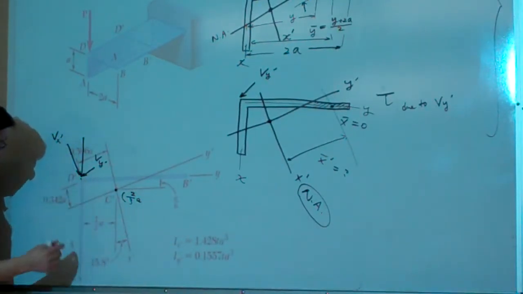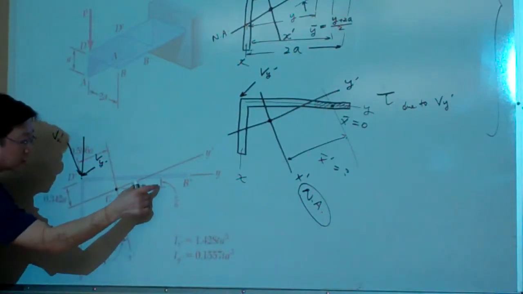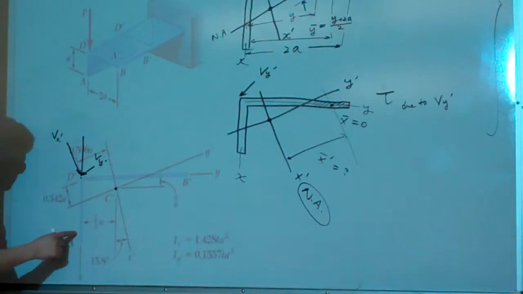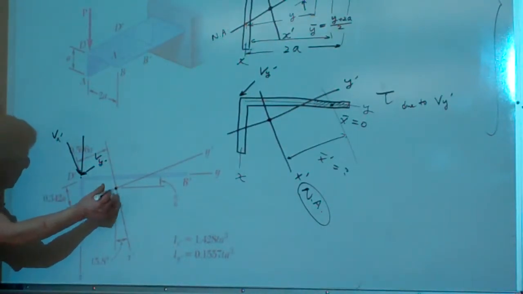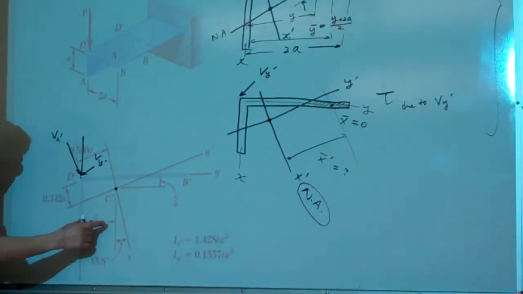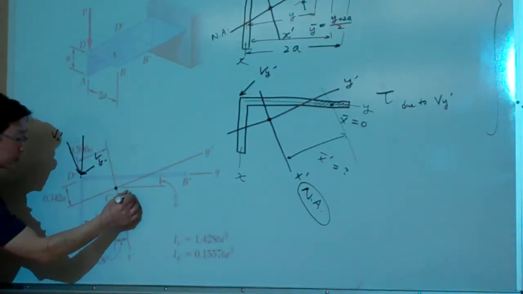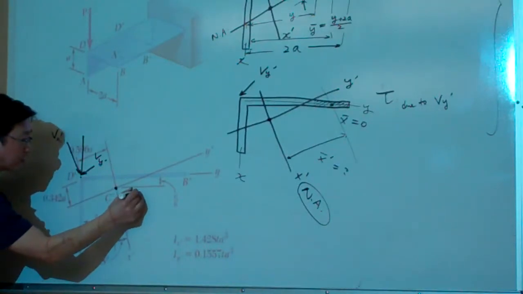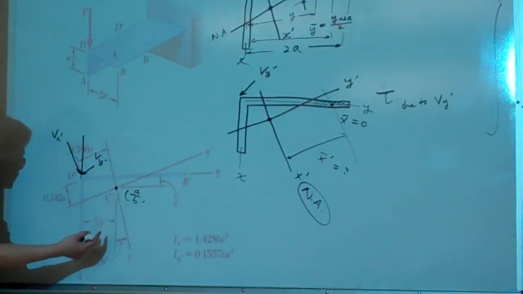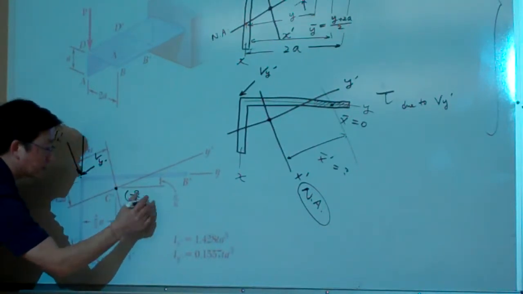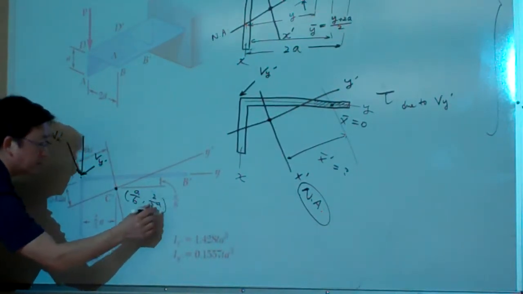Sorry. This point has the coordinates in the x direction minus a over 6, and in the y direction, we have 2 over 3a. Okay.